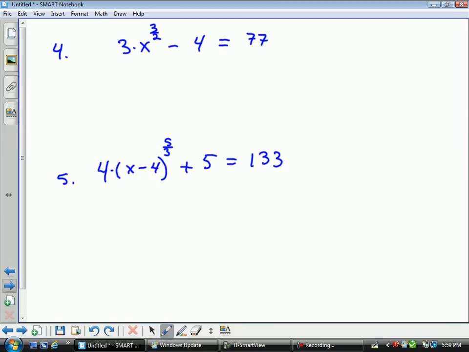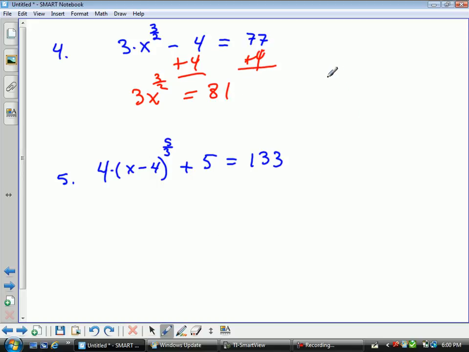Okay, next group of problems here. A little bit more challenging. Got some layers going on here. So whenever you're solving an equation, trying to get x by itself, same rules apply. You add the 4 first. You get 3x to the 3/2 power equals 81.